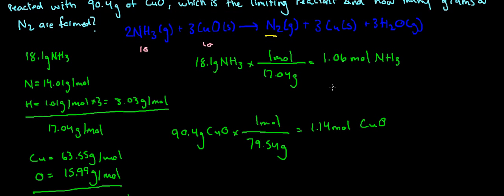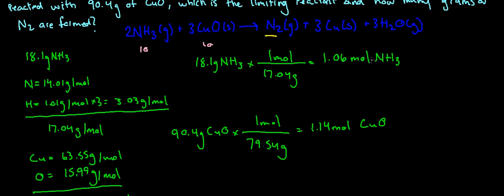However, in this example, I have more copper oxide than I do ammonia. So what I need to do is figure out which one of these will run out first. And the easiest way is just to take one of these, either NH3 or copper, and figure out how much it would take to react of the other substance.